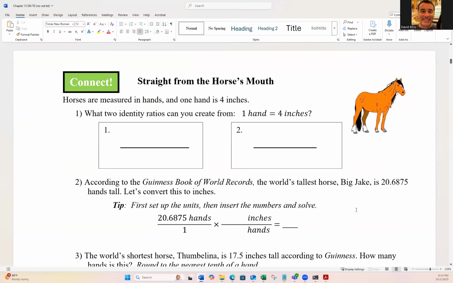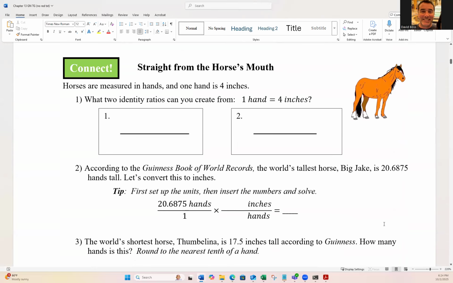Okay, let's move on. All right, another conversion. Horses are measured in hands, and 1 hand equals 4 inches. What are two identity ratios? We're starting with the basics here before we solve anything. What are two identity ratios that can be created from 1 hand equaling 4 inches?